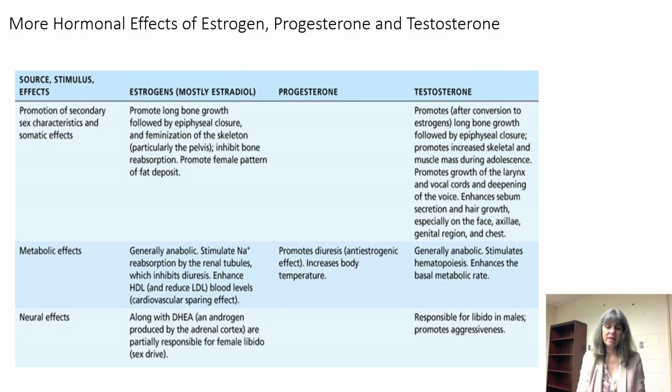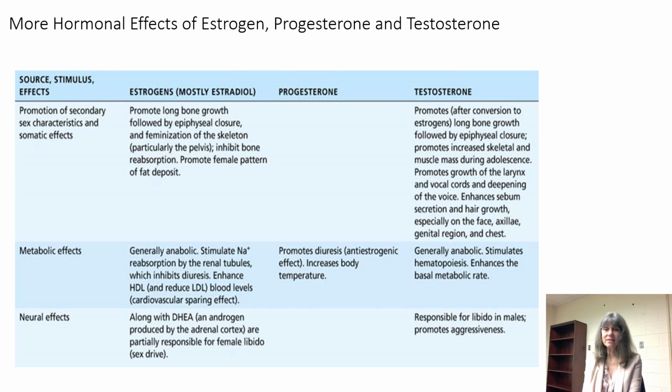And estrogen can actually cause feminization of the pelvic bones so that their function can assist with the birth of a fetus. And it also promotes more distribution of adipocytes throughout the female body.